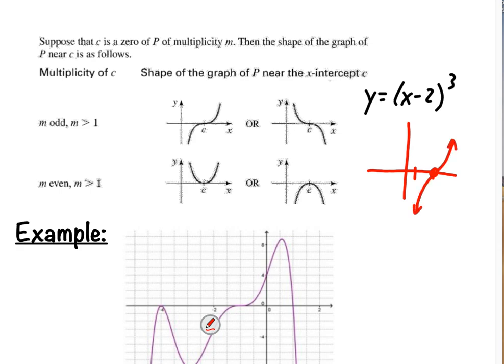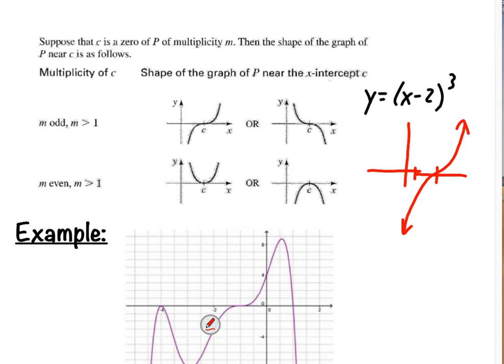So the shape of my graph does that kind of cubic curve through that spot. It's not very curvy. Something like that, over there at 2. That's what happens when m is odd.